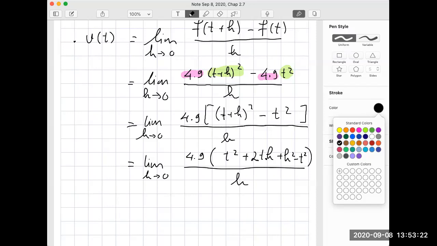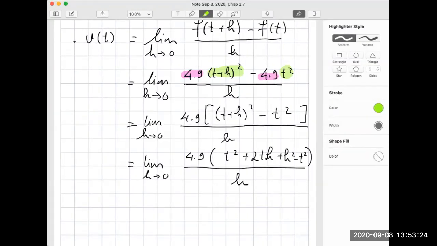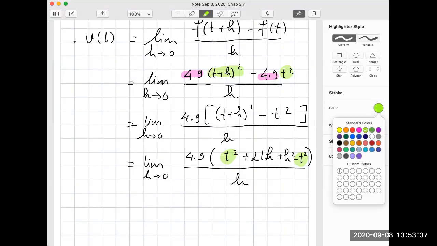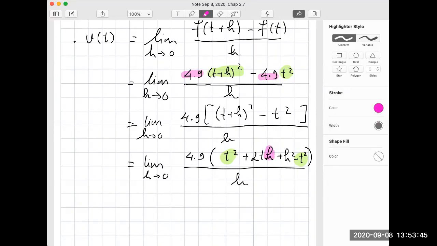We see that here there's t squared and negative t squared. They cancel each other, right? So the other two terms, what is the common thing about these two? Very good, h. It means that, again, we can factor it out, right?